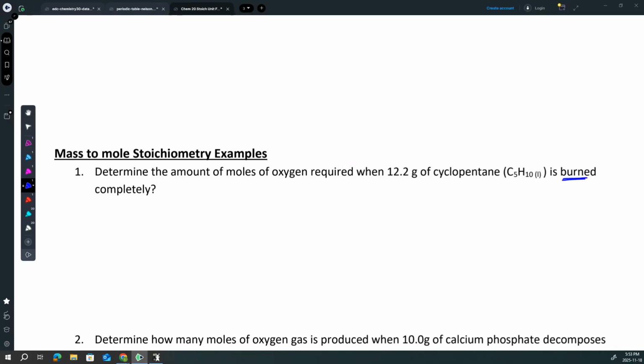Okay, so burned, that means that this is a combustion reaction, so it's some fuel plus oxygen gives us products. Now since it is a hydrocarbon for our fuel, that means that our products are going to be carbon dioxide and water vapor. Now, just a reminder, hydrocarbon just means that the substance is mostly made out of carbon and hydrogen.